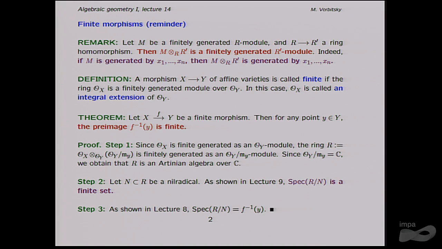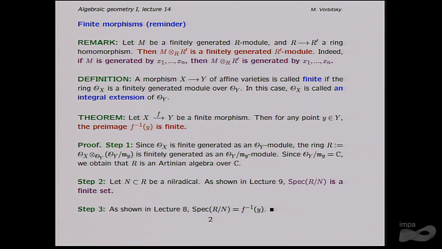On the other hand, we can take the space of invariant functions, the ring of invariant functions. This will give you some ring, but you have to show that the corresponding algebraic variety is a quotient in the geometric sense.